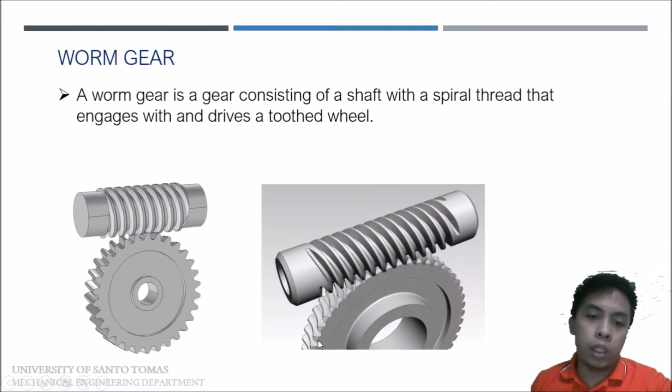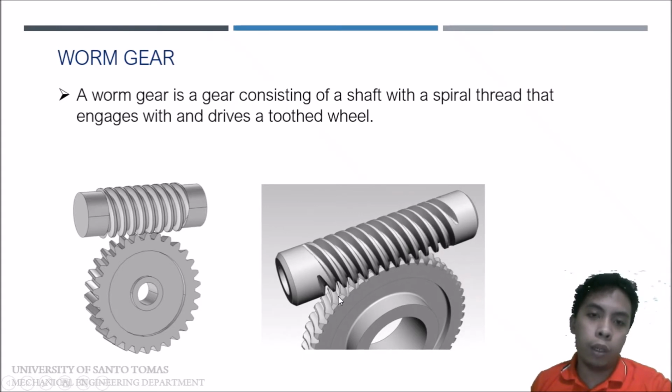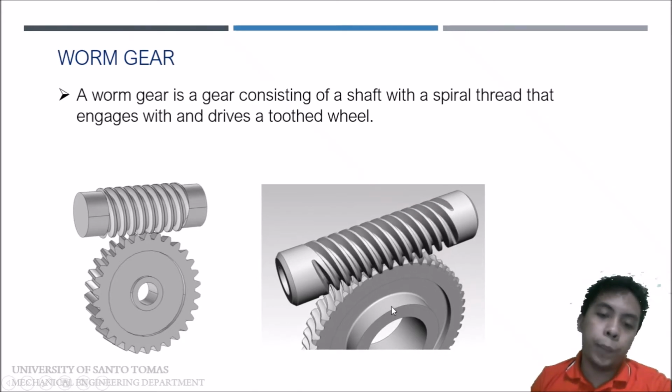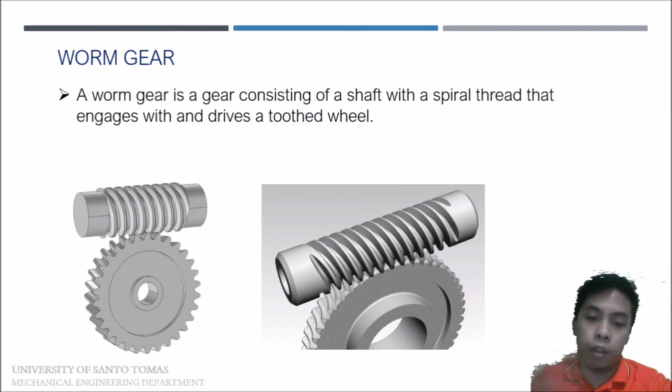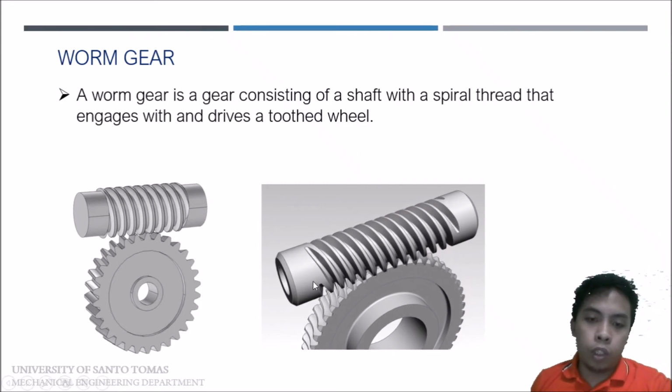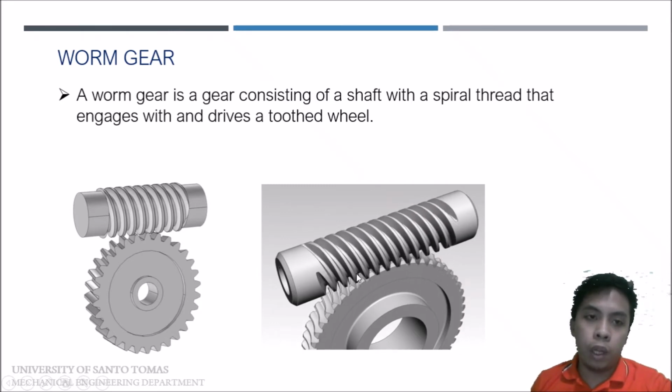The tooth construction or the tooth geometry of our toothed wheel has a different construction compared dun sa other cylindrical gears. So the geometry of this kind of wheel should match our worm gear.